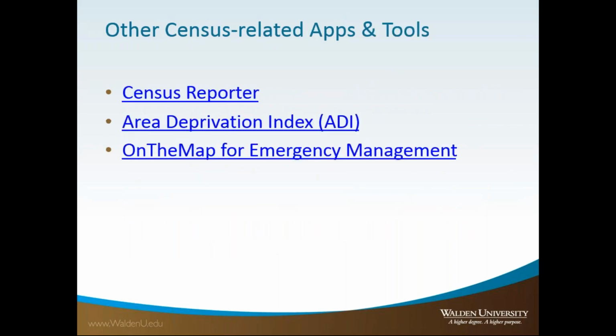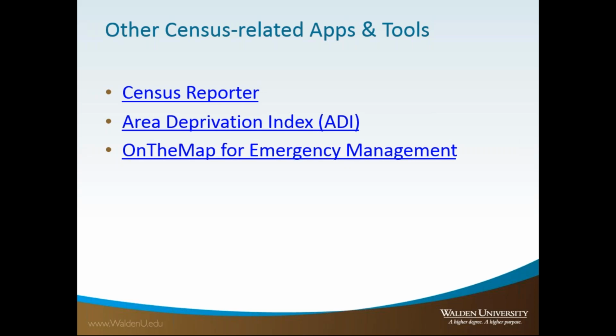And there are a lot of other census-related apps and tools that you can use. This first one, Census Reporter, is not officially affiliated with the US Census, but it does use its data, and it tries to make the process of finding and extracting data more user-friendly. So you might consider checking that out. This next one, the Area Deprivation Index, was created by the Health Resources and Services Administration. It's intended primarily for county level use, but it can be refined and adapted to the census block level.